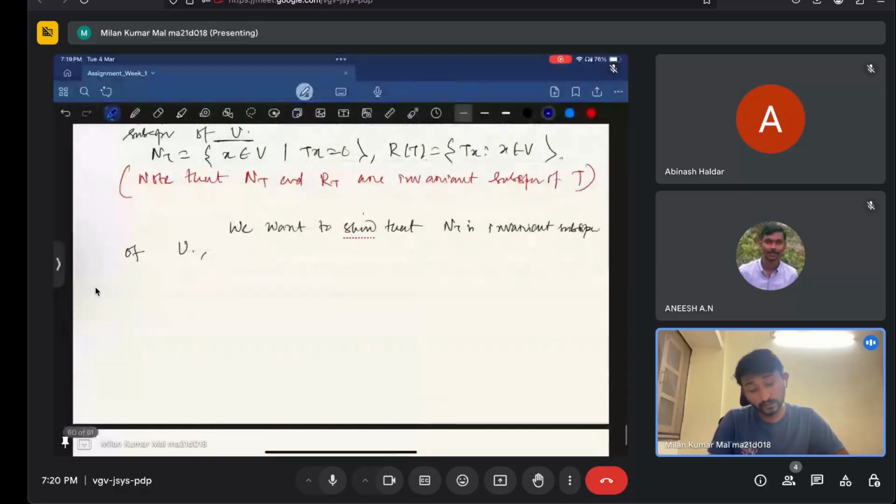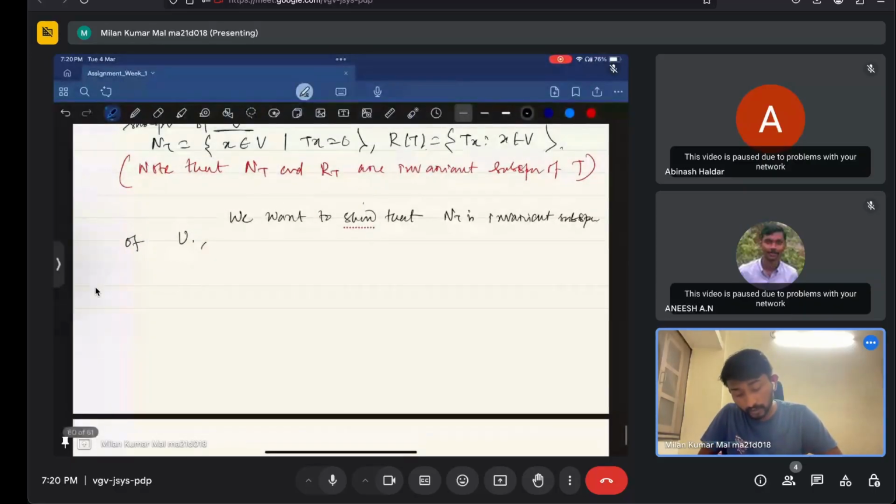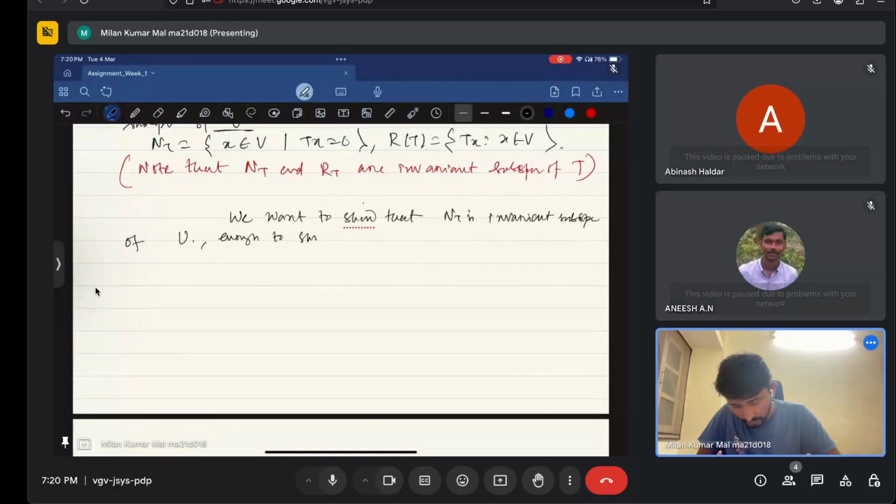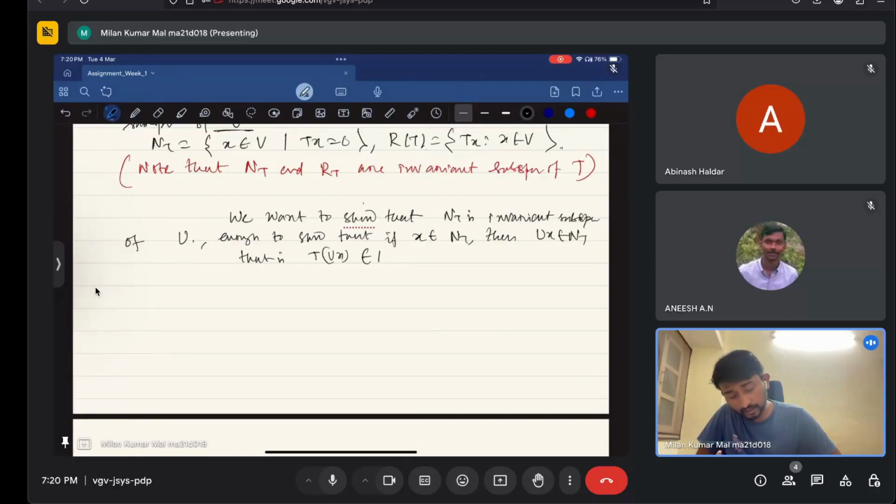So we have to show that null space of T is an invariant subspace of U. So enough to show that if x is in null space of T, then T of Ux is again in null space of T, that is T of Ux equals 0.